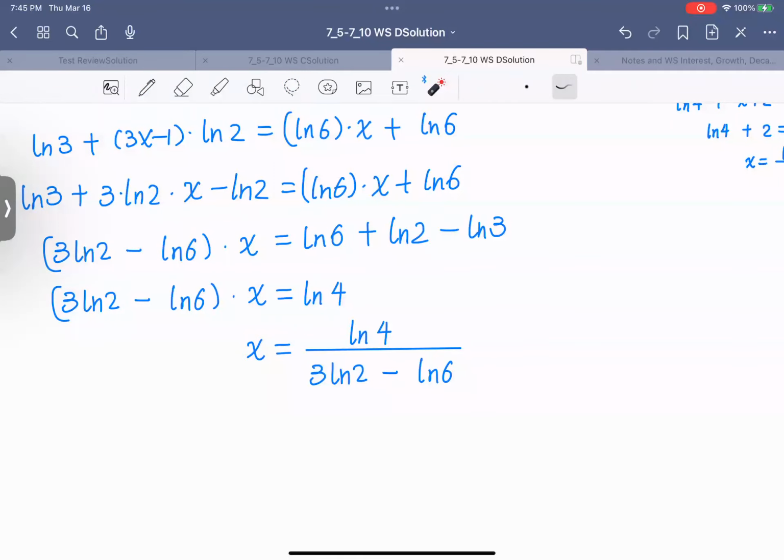Let me check other students' work. I have so many different answers here. If you need me to do this with you again, please ask. Does anybody need help with this question?